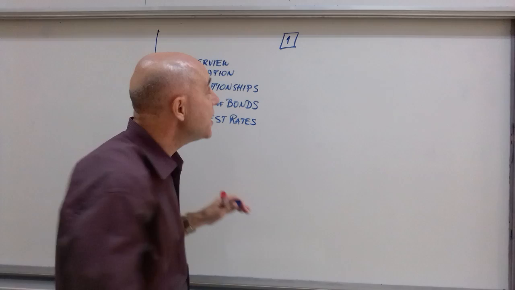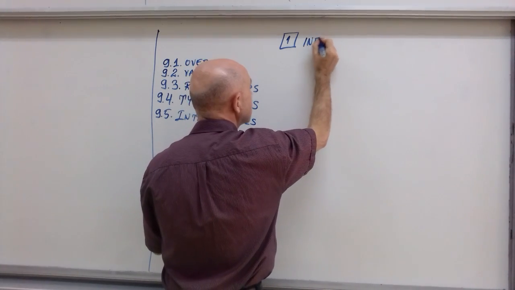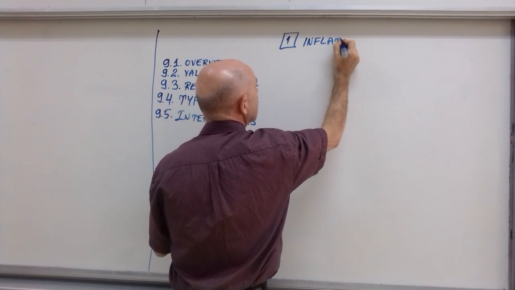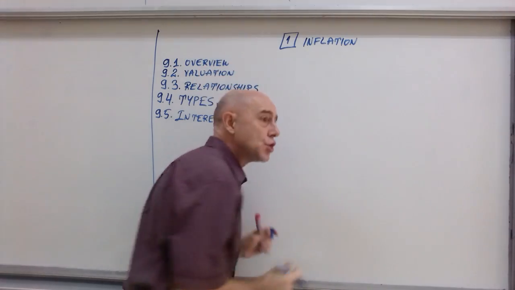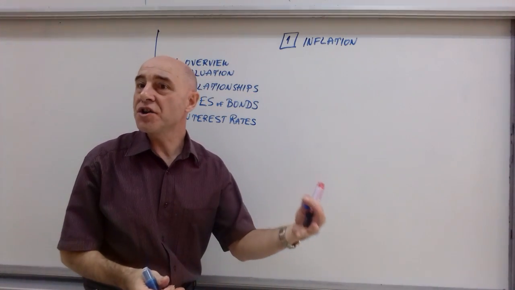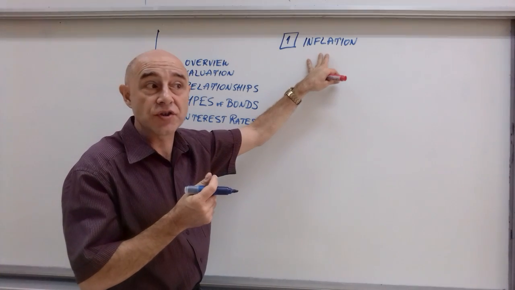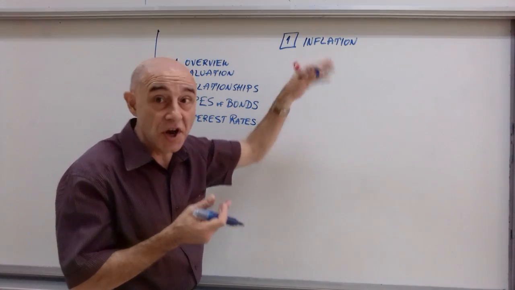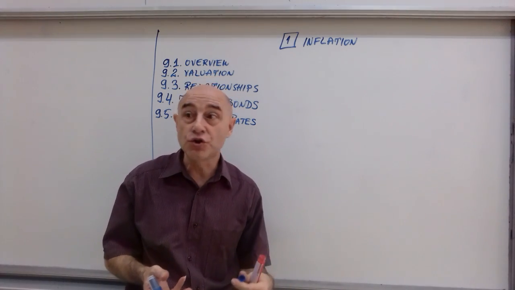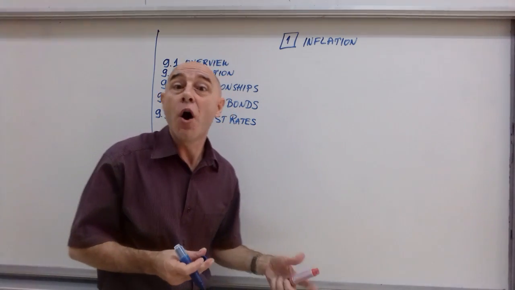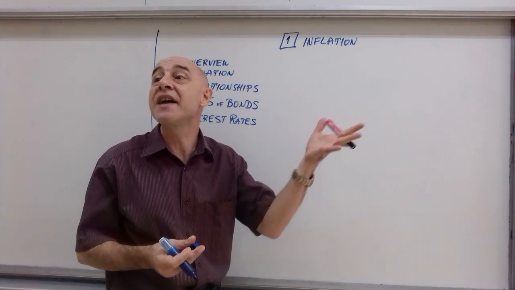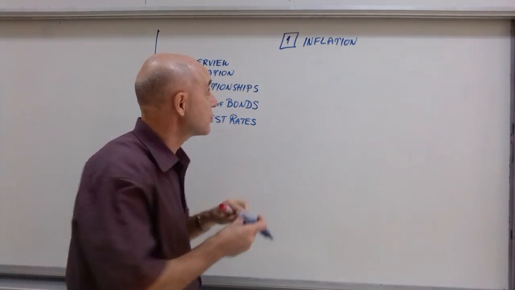Number 1, inflation. Usually, the higher the inflation, the higher the nominal interest rate. That's very simple. So, if you expect inflation to go from 2 to 4%, all investors will demand a higher interest rate.